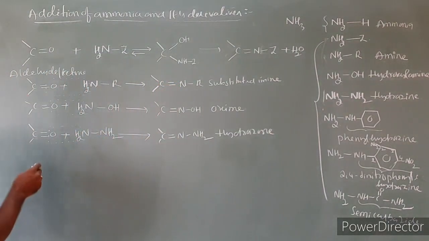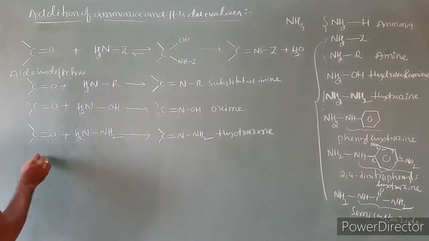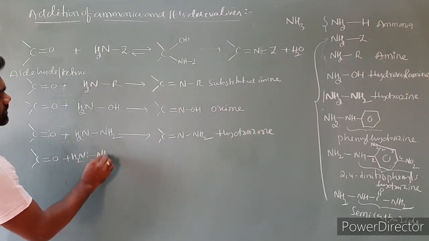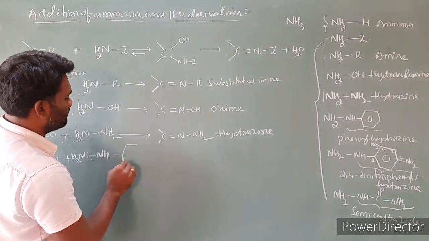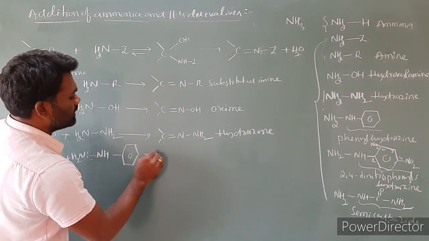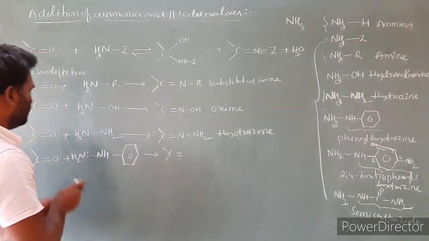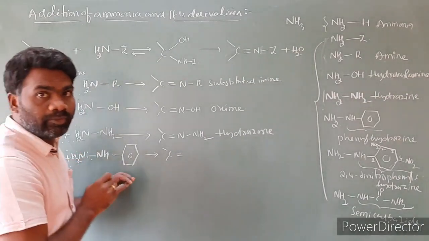Next, phenylhydrazine we have to take. Then NH2, C double bond O plus NH2 NH benzene ring. Then what is the product? Again we have to remove water.